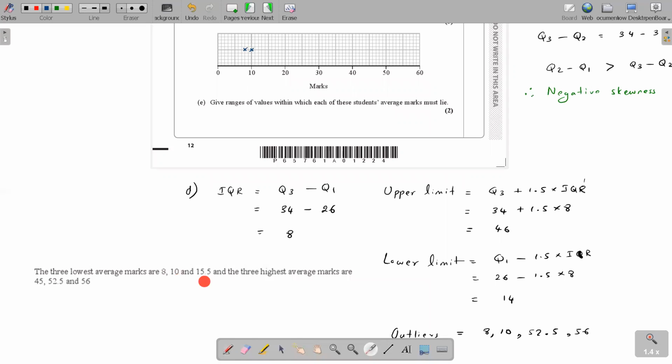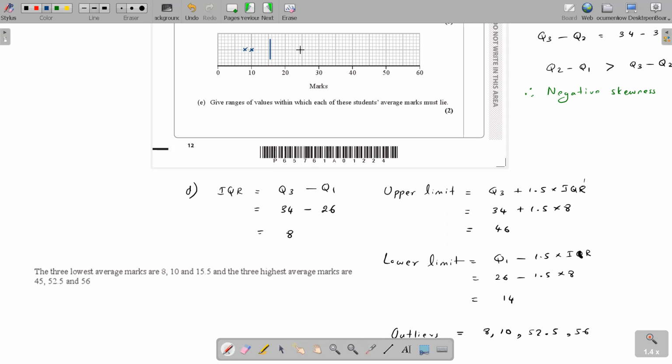The next figure, the whisker should start from where? 15.5. Are you with me? 15.5, the smallest value that's not an outlier. So 15.5, this is 10, 15 and 16, starting between 15 and 16. Okay, 15.5. I'm correct, right? This is 15 and 16, 15.5.